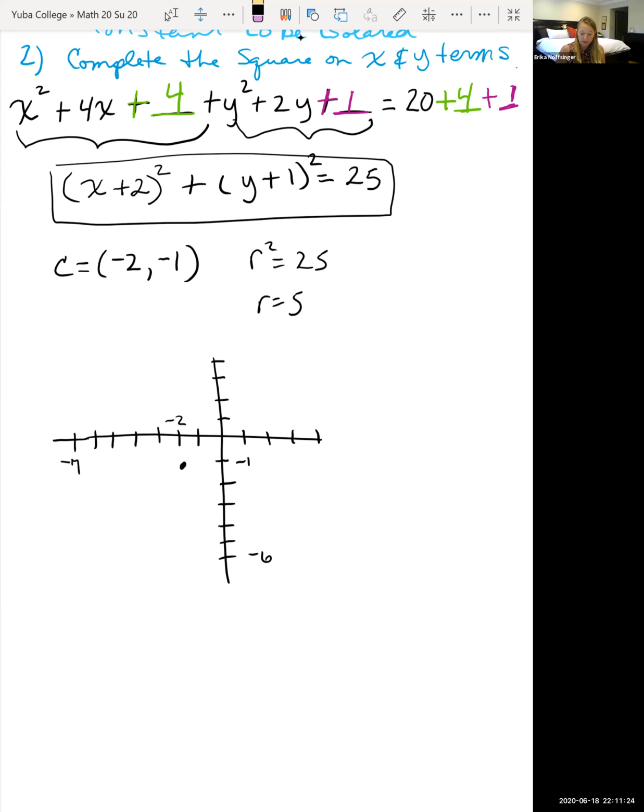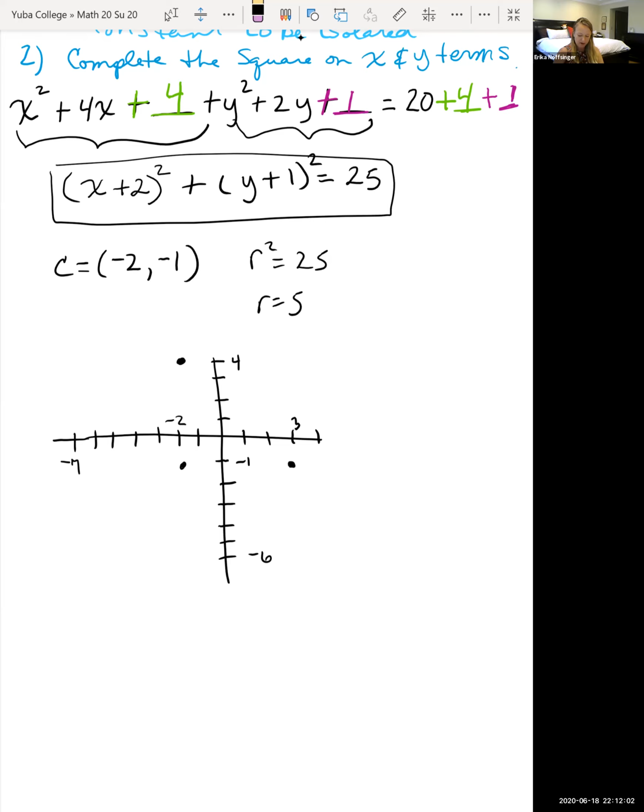Okay, so again, up, down, left, right, the radius from the center. If we go up from -1, adding 5 to -1 gets my y value at 4, so I have a point at -2, 4. That's a point on my circle. If I go to the right 5 from -2, adding 5 to -2 gives me +3, and my y value stays the same, so I have a point at 3, -1 on the circle.